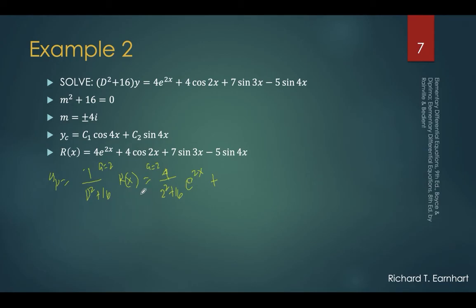Okay, your a here, so negative a squared. What is your negative a squared? That is negative 4, no? When a is equal to 2. And then we substitute here. So this is 1 over negative 4 plus 16, and then cosine 2x.